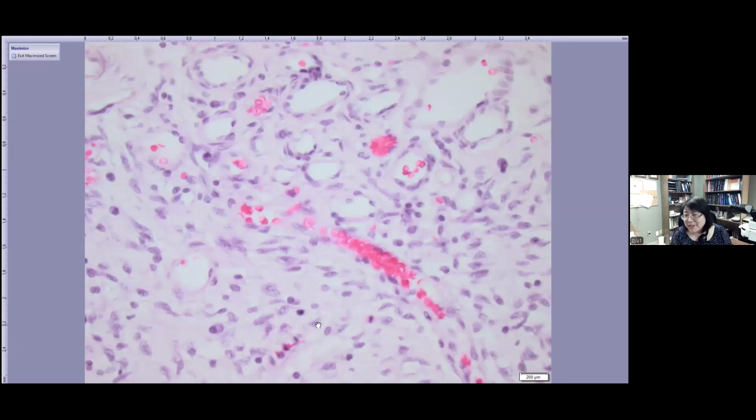The giant cell is characteristic for this diagnosis. We can do ALK immuno, and it's negative.